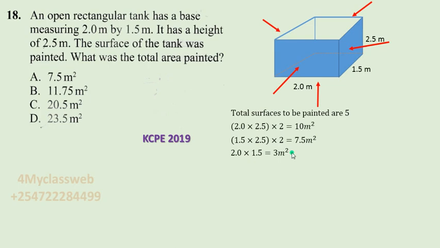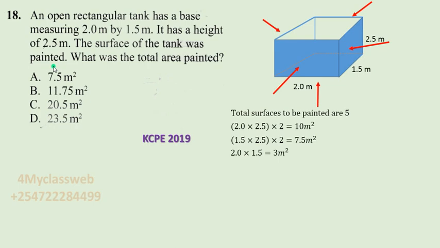And therefore, 2.0 multiplied by 1.5 should be equals to 3 meters squared. Remember, this one is an open rectangular box.